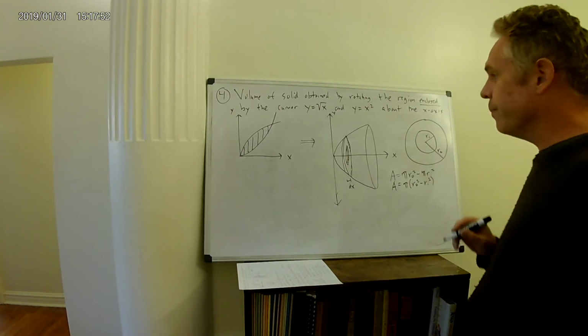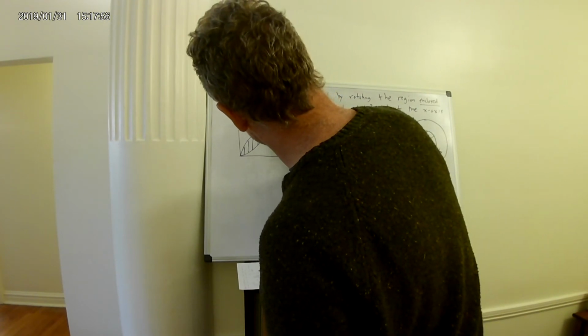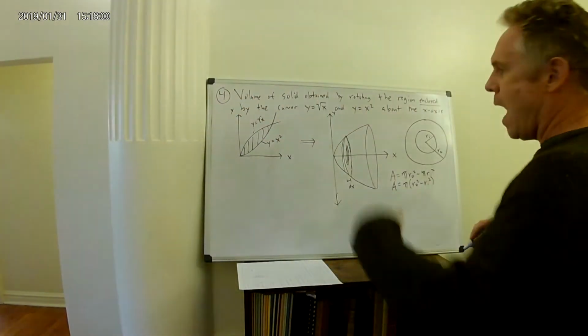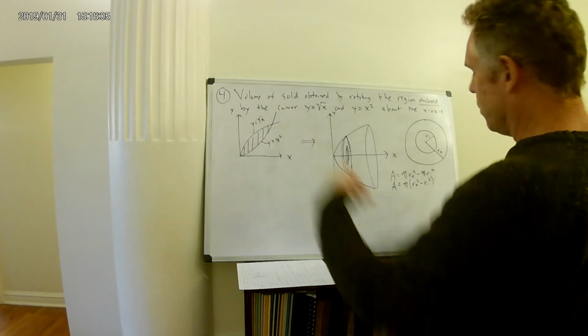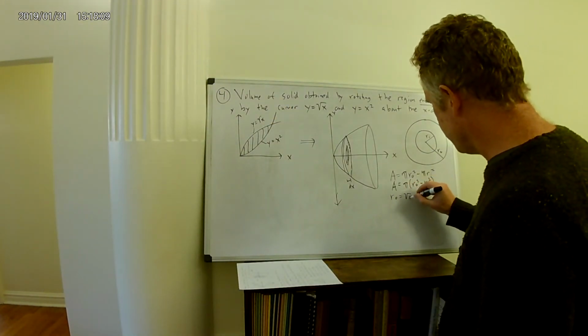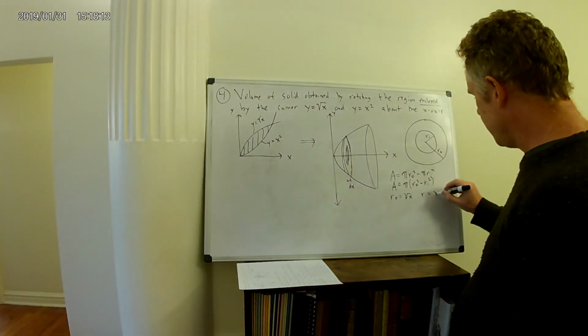In this problem, this curve right here is y equals square root of x. This curve right here is y equals x squared. So hopefully you guys see, the outer radius of this washer is the top curve. So our outer radius is equal to square root of x. Our inner radius is equal to the lower curve, and that's x squared.